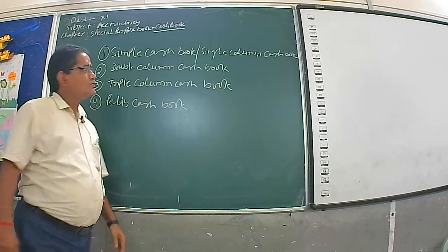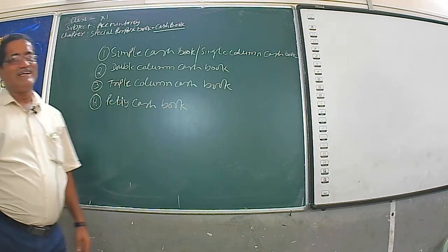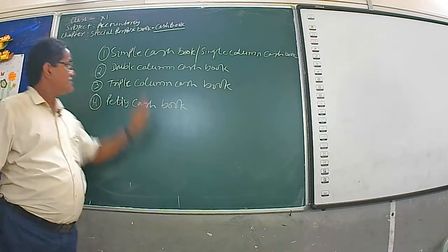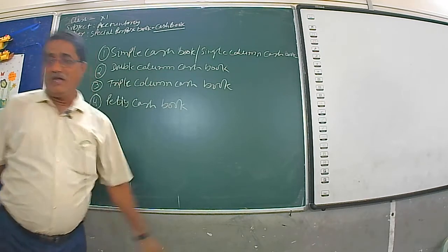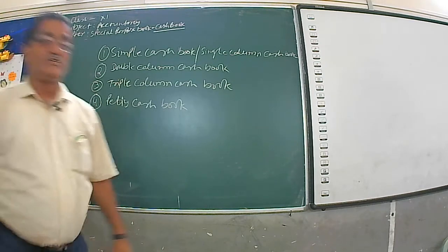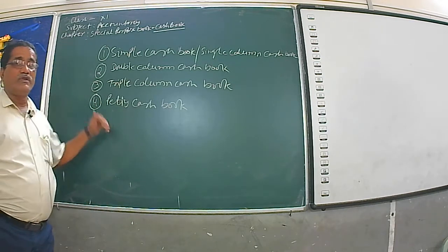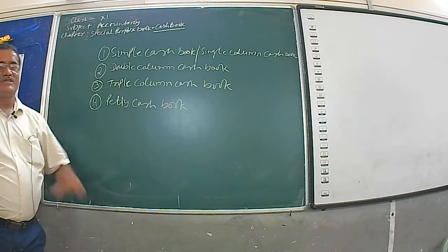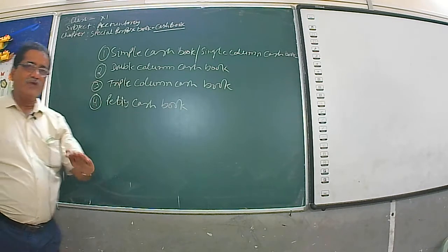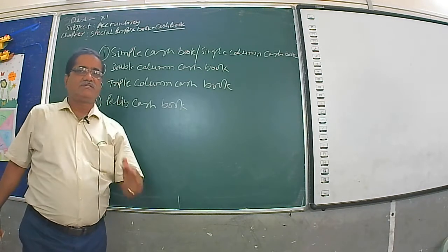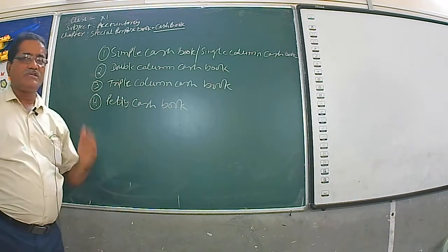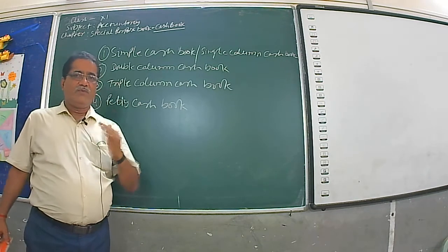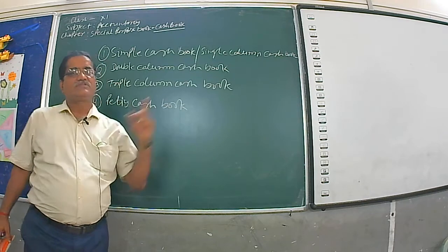Now I would like to draw a format of the simple cash book, and with a question I will clarify how we will record the transactions in the cash book. Cash book is considered a special day book, because day-to-day cash transactions are recorded.